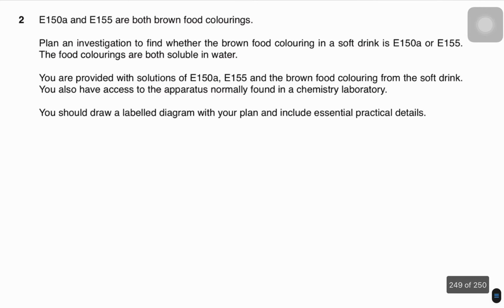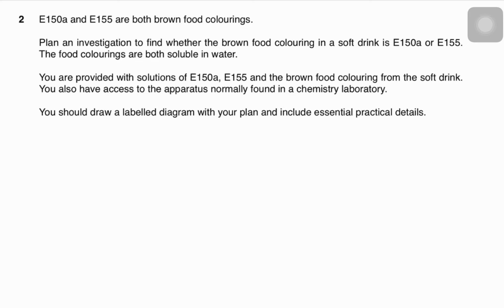Let's do one more question. That one is interesting. E150A and E155 are both brown food colorings. Plan an investigation to find whether the brown food color in a soft drink is E150A or E155.